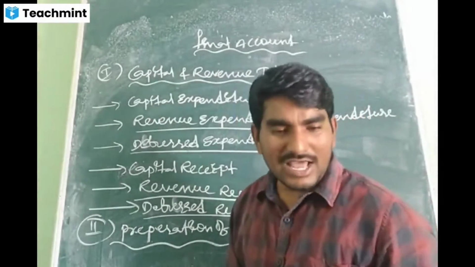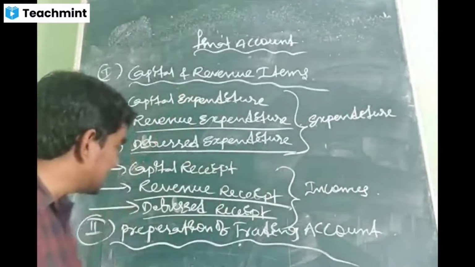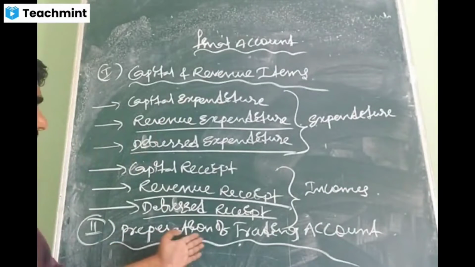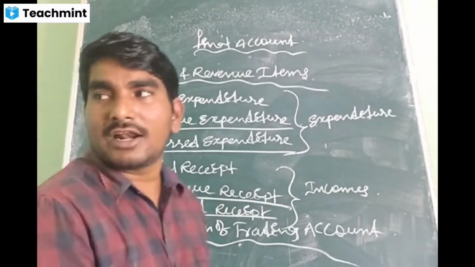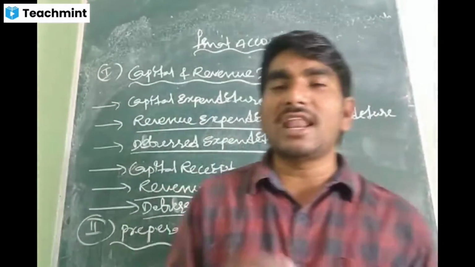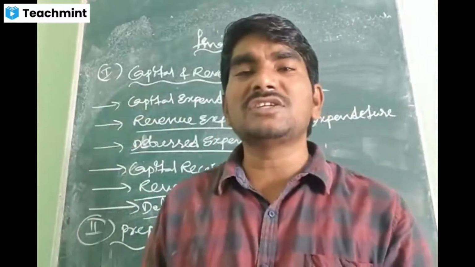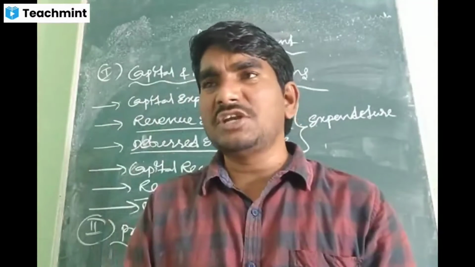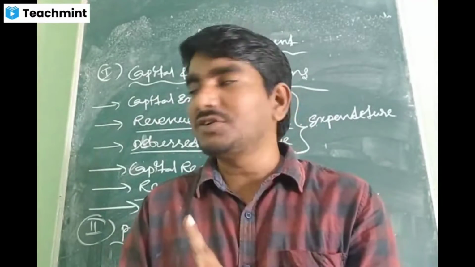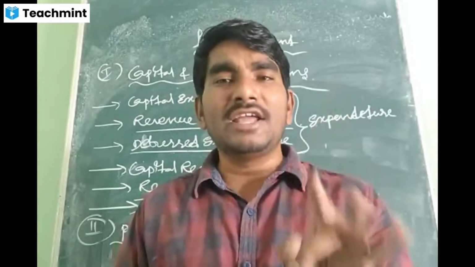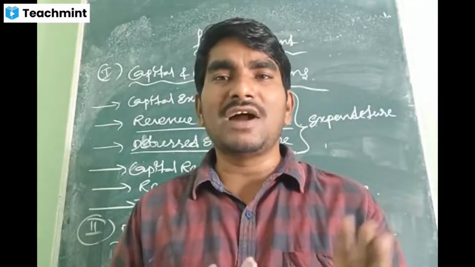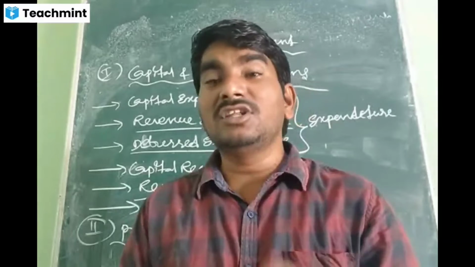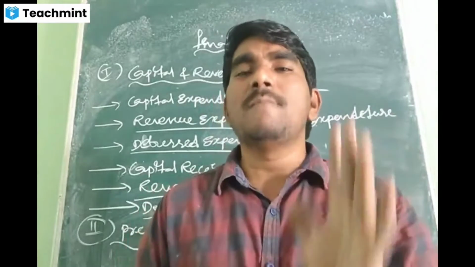And in our next class, how to prepare the trading account. Already you know that in the preparation of the final accounts we should prepare three kinds of statements. The first statement is the trading account, the second is the profit and loss account, and the third is the balance sheet.